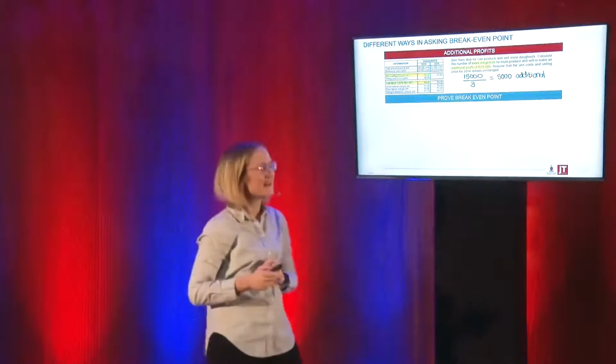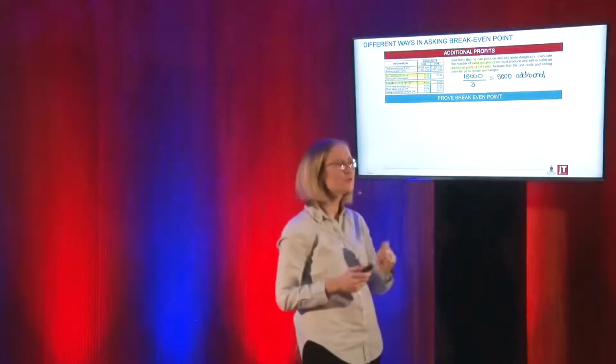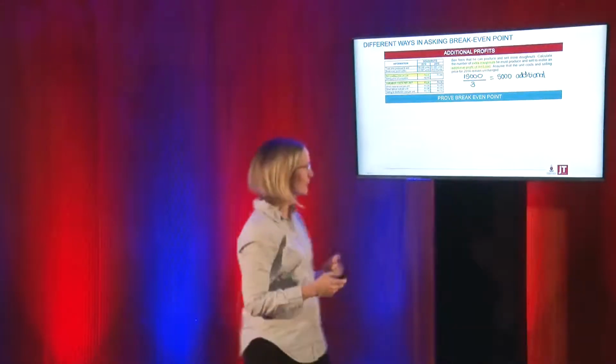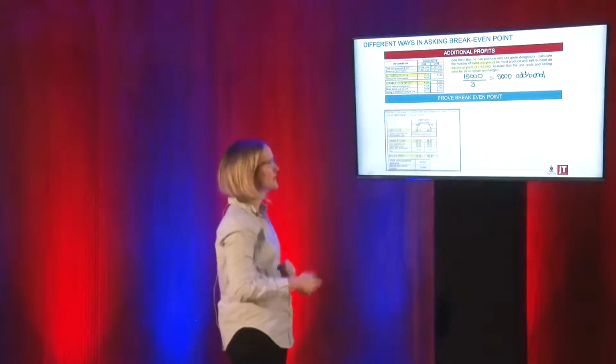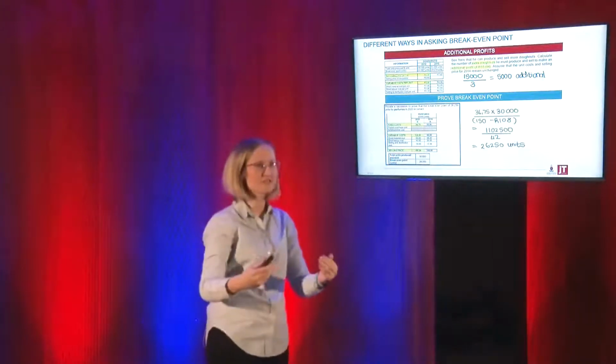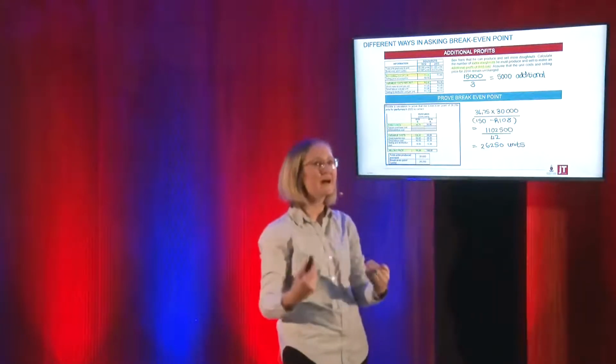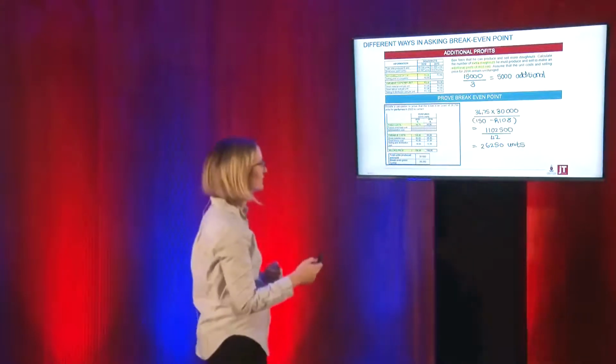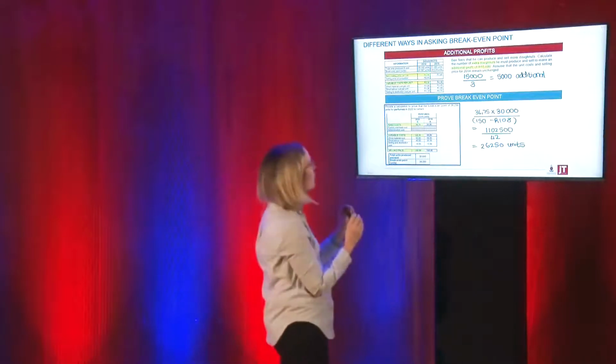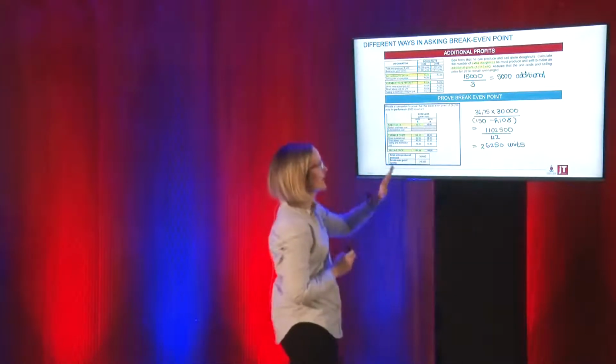Another way that they love asking this is to prove the break-even point. So to prove the break-even point, we just take the fixed cost, and it's always the total fixed cost, divided by the contribution per unit. In this example, don't get caught out.